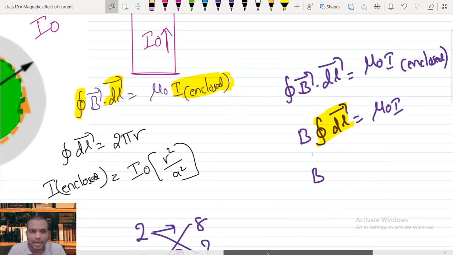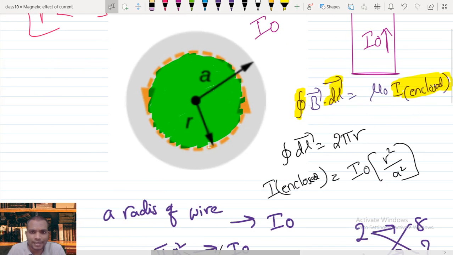We will divide the Amperian loop into small element lengths dl. If I divide, this is the small elemental length dl in the Amperian loop. If I integrate over all the elemental lengths, how much value do I get?